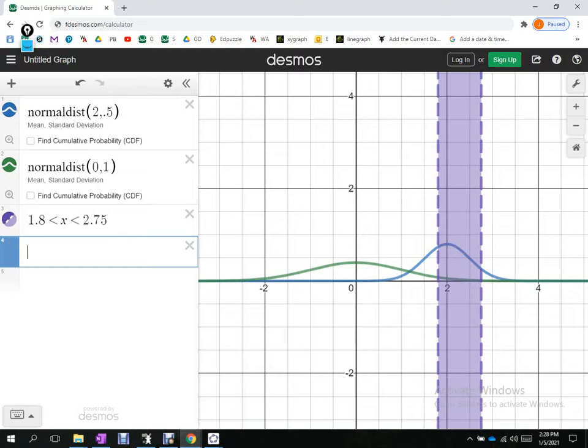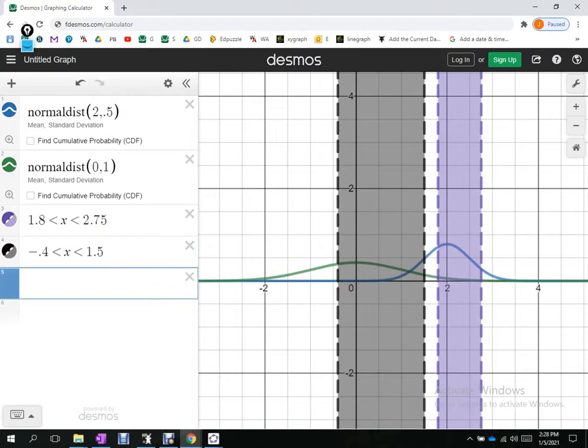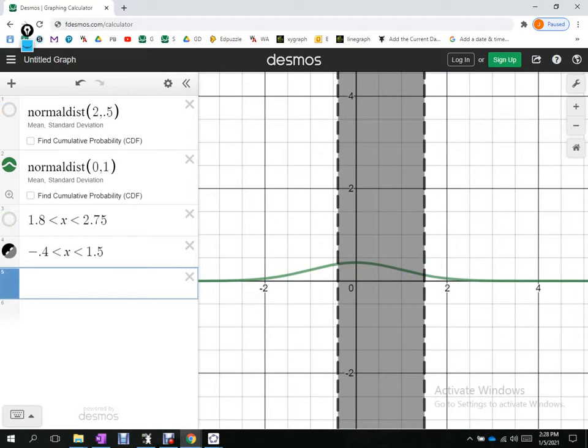What we did when we standardized was find the area between negative 0.4 and 1.5. Let's just get rid of the blue stuff. We were finding that black gray area under the curve. Does that kind of make sense?